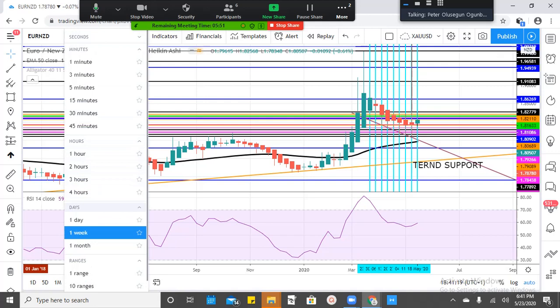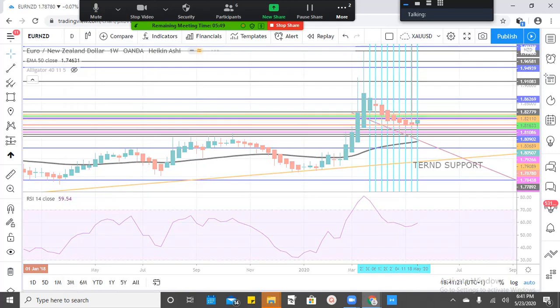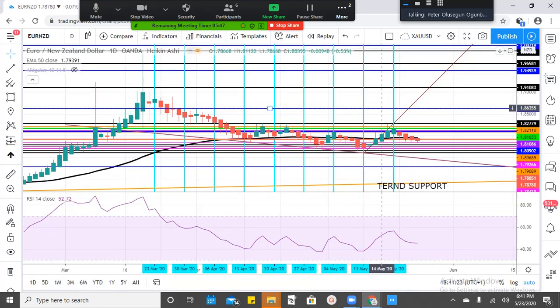Let's look at day. Euro NZD by day. So on day, this was not visible, so I drew this one. We saw it, it was actually as if it was moving down. It first did some movement down, but it's gone up.